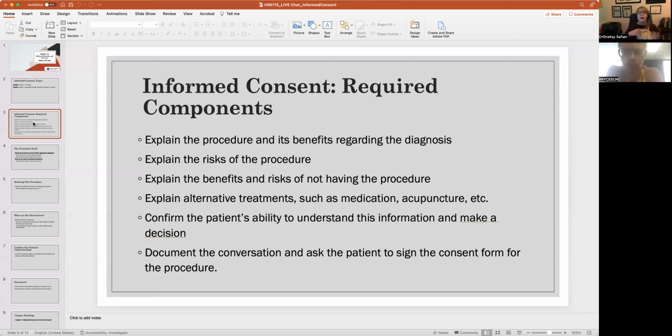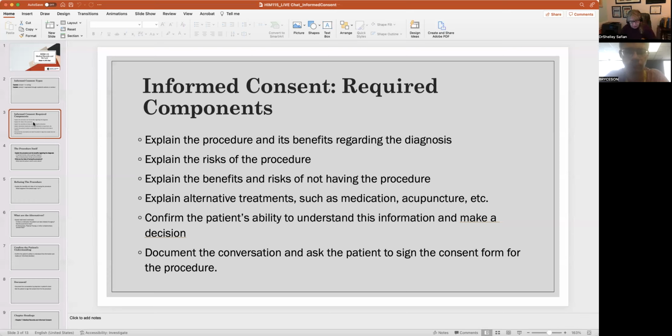And that is the patient's responsibility as much as the provider's responsibility, because they don't know what's going on in your head. They don't know if there's a big question mark in there, or if you're going, okay, I understand, I can make this decision, I feel confident. Okay. So that's very important.